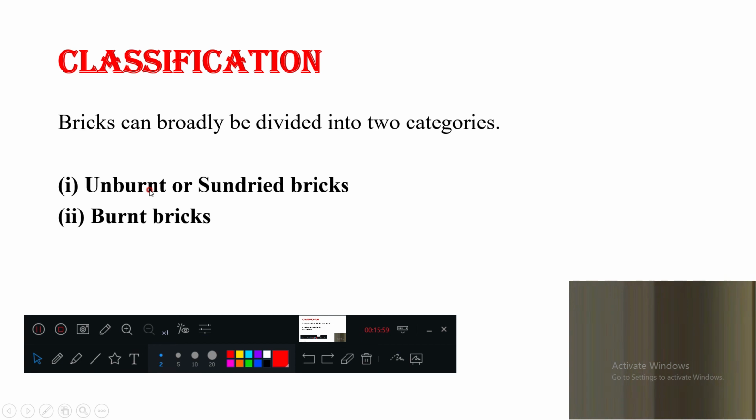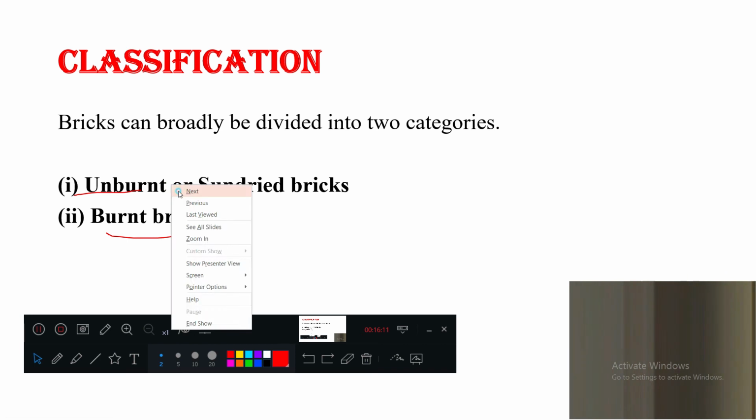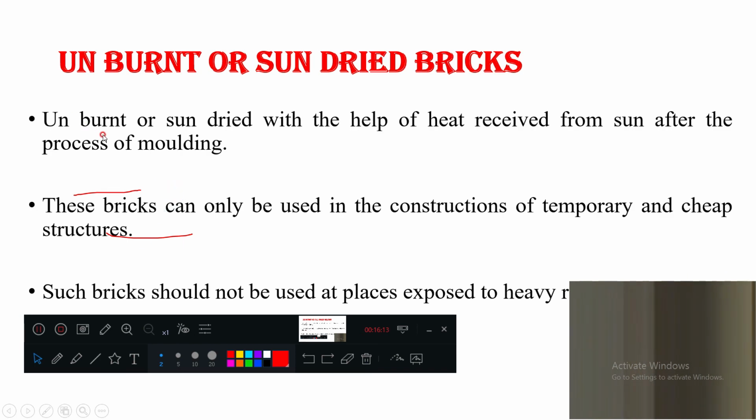Okay, so we have classification such as unburnt or sun-dried bricks, or burnt bricks. In the unburnt or sun-dried bricks, they are receiving the heat from where? They are receiving the heat from the sun.